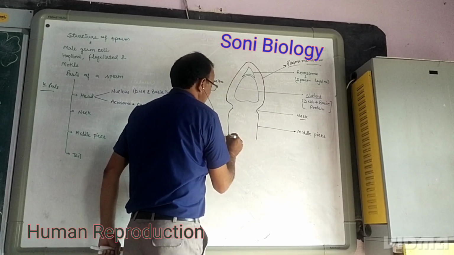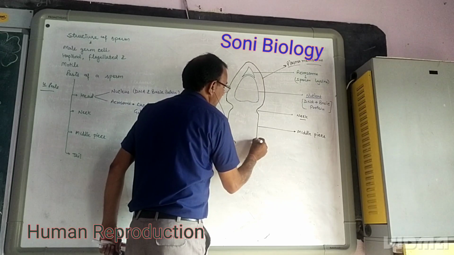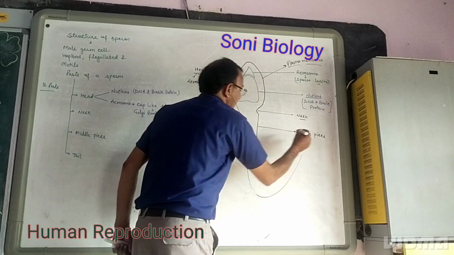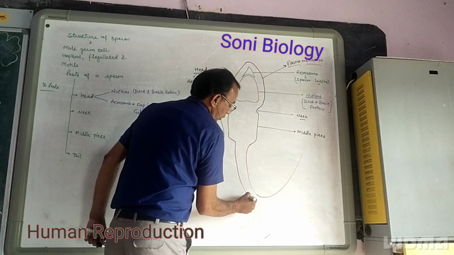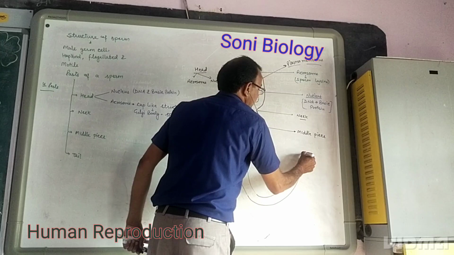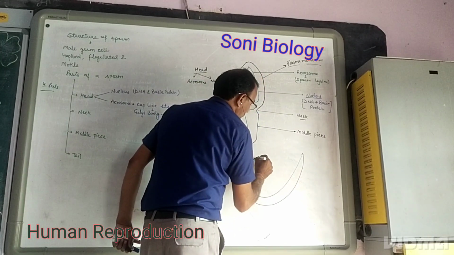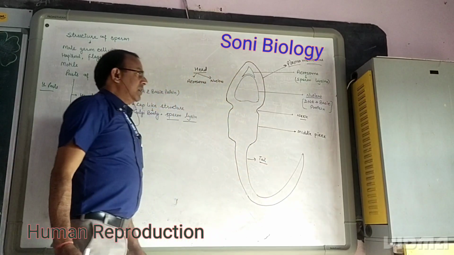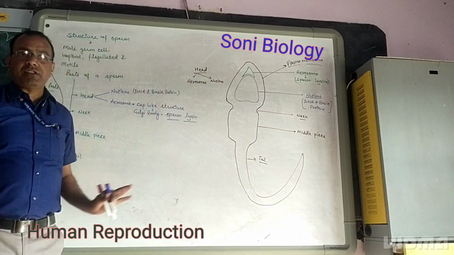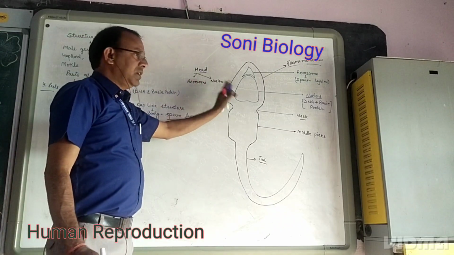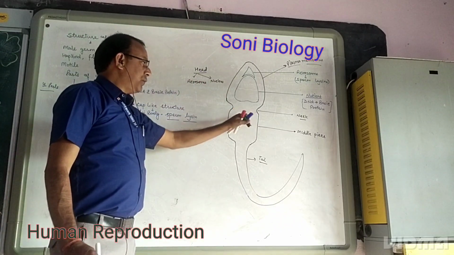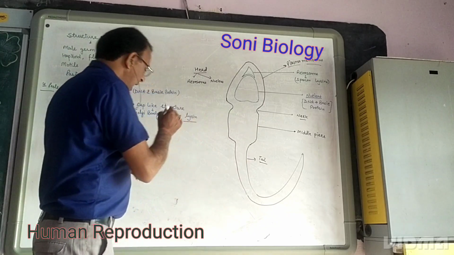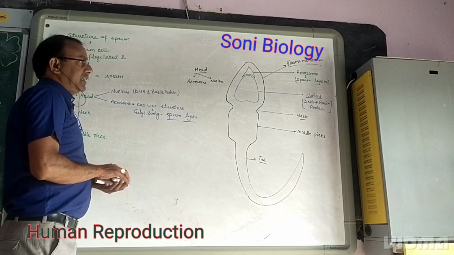This swollen zone is called the middle piece. After that, the plasma membrane forms a long tail, the last zone of the sperm. So a sperm consists of four parts: head, a small neck, a swollen middle piece and a long tail.